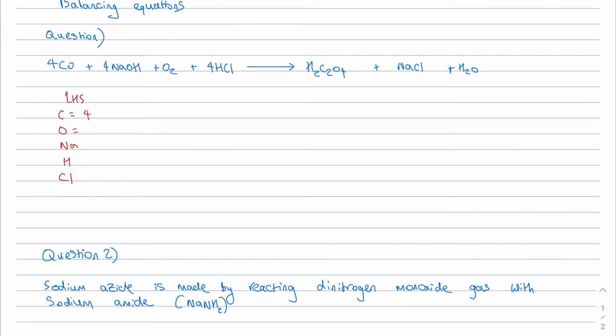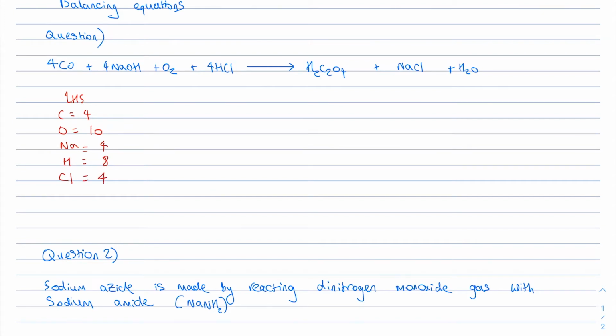So of oxygen we have in total, here we have 4, here we have another 4, NaOH, and here we have 2. So 4 plus 4, 8 plus 2 is 10. And sodium we have 4, and hydrogen we have 4 here, NaOH 4 here, and 4 here, so 8 in total.